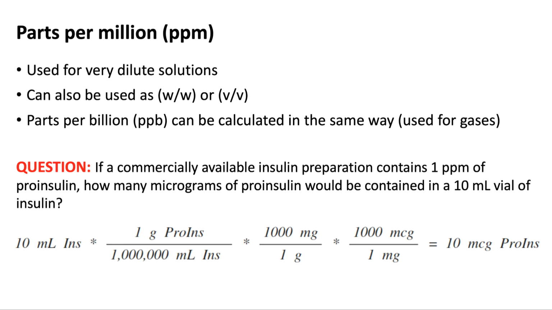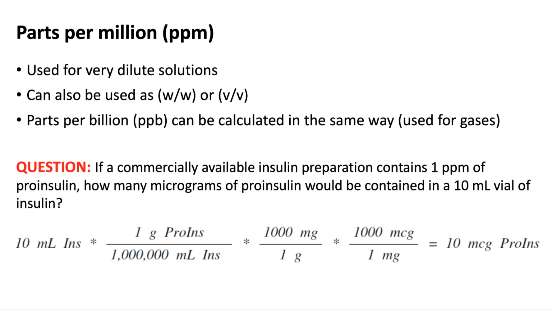Since in this case, we are talking about a proinsulin, which is a solid, in a volume of insulin, it's going to be in the units of grams per milliliter. This is a weight per volume, okay? And that's because our insulin is expressed as a volume, 10 milliliters, and the amount of that we have is expressed in the weight of the proinsulin.